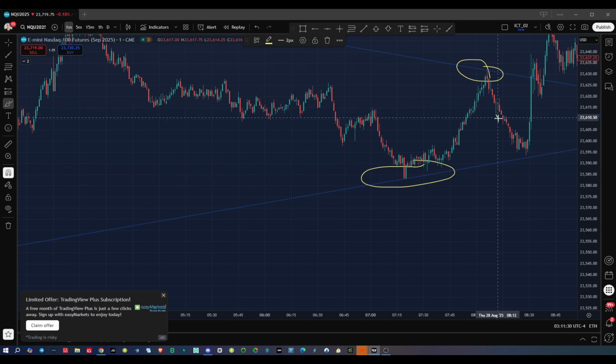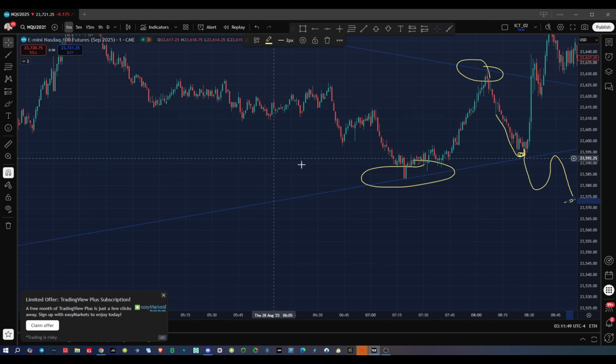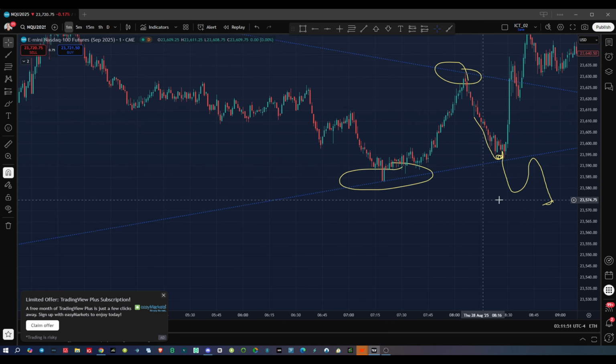For example, if the market went down and broke, and you took the long and it didn't go up but went down, so it broke that trend line, then you can take the retest and the short on the downside. So there are two ways to trade a trend line.